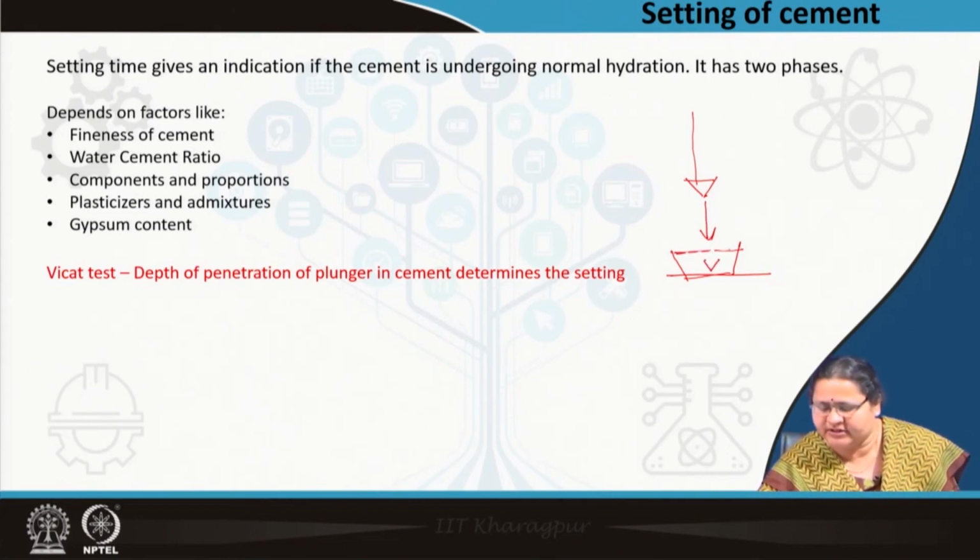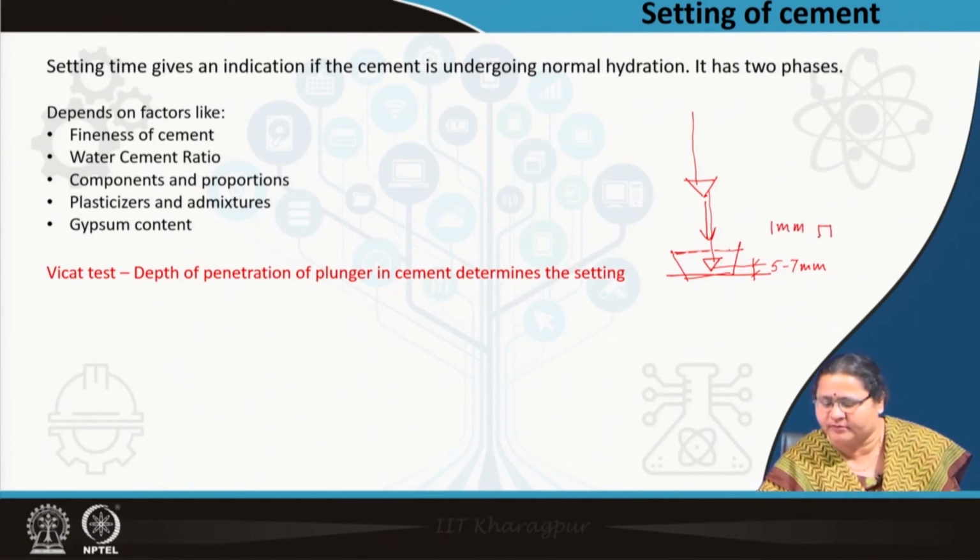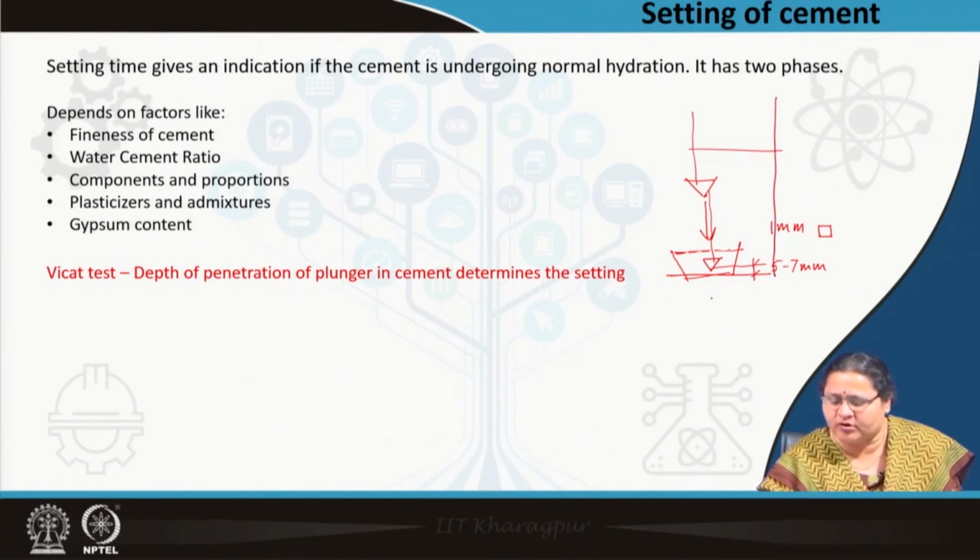When it is at initial set, it will penetrate and be almost 5 to 7 millimeters left to enter. So, it can penetrate because after initial setting it has not hardened totally. It is a plunger of 1 millimeter square base, that is, the bottom is like this, and it enters into it. Now, this plunger is held by a support, and that is called the Vicat test.